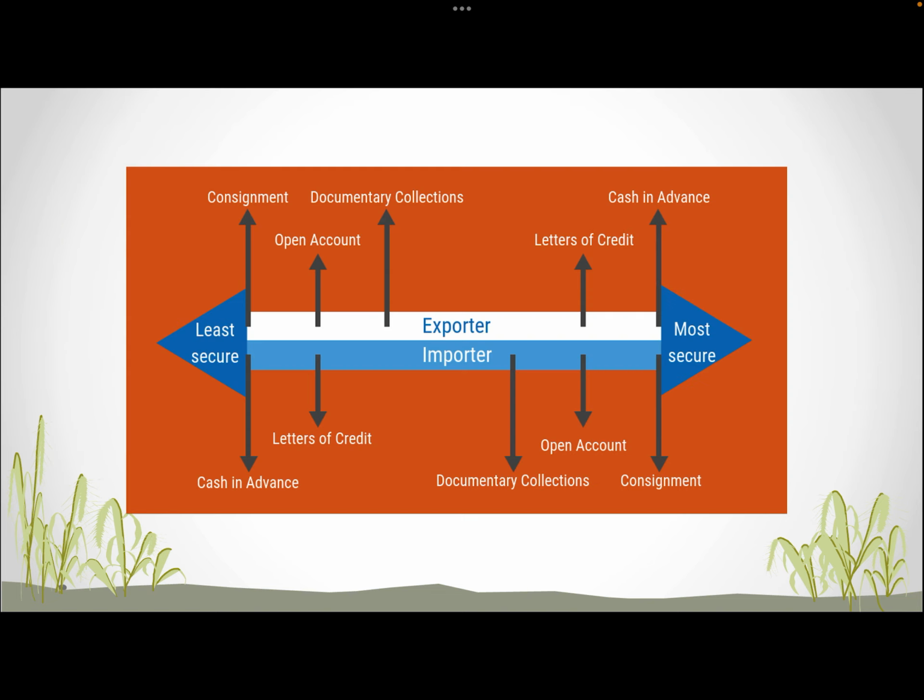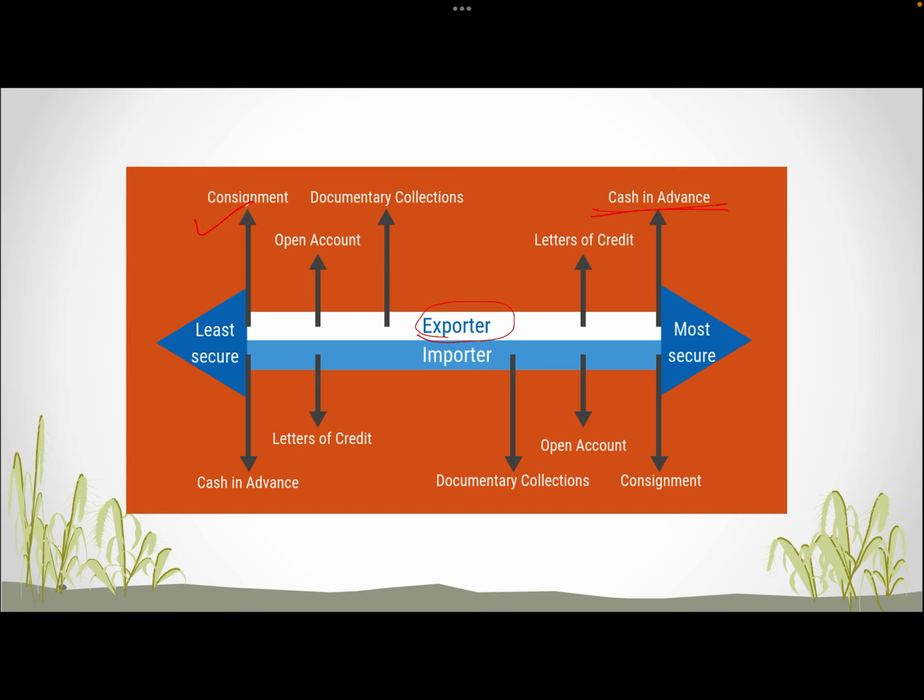Okay, so in terms of security, the least secure payment method to the exporter, to the seller, is consignment. Followed by open account, documentary collection, letter of credit, and the most secure is cash in advance, because the seller will get full payment even though they have not shipped or sent the goods to the buyer.